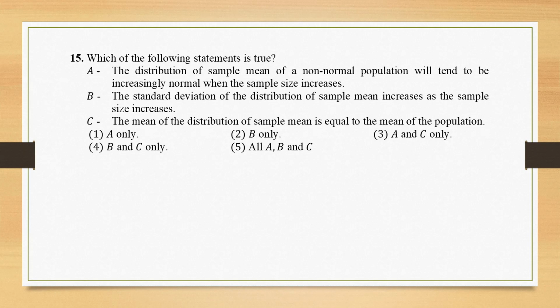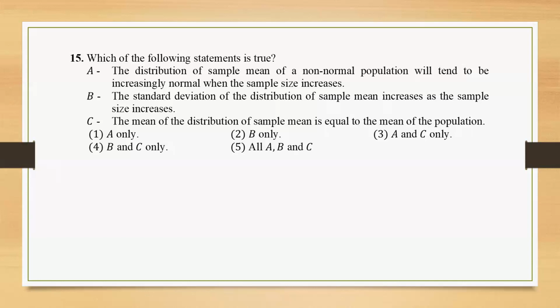Anyway, the statement A, it says the distribution of sample mean of a non-normal population will tend to be increasingly normal when the sample size increases, right? So it is correct. So actually it is the central limit theorem, right?